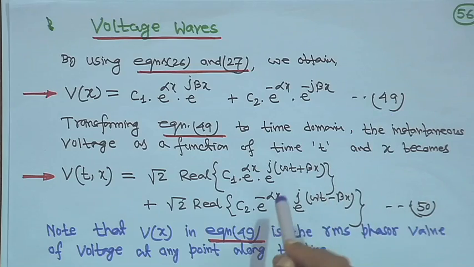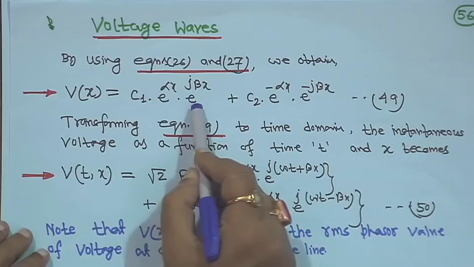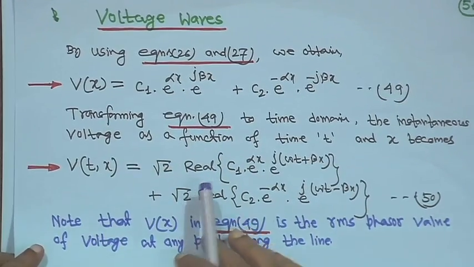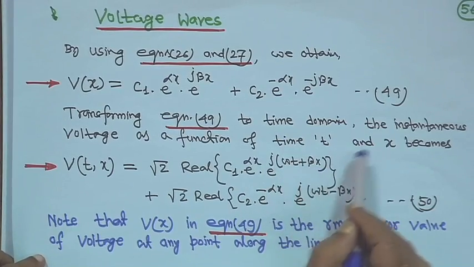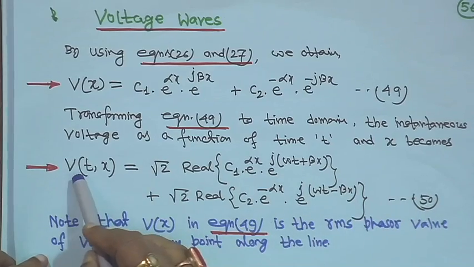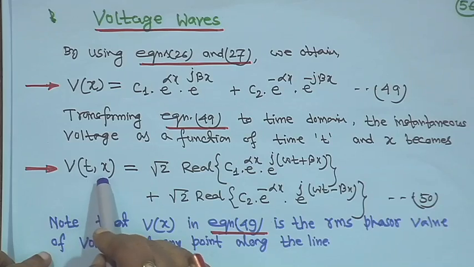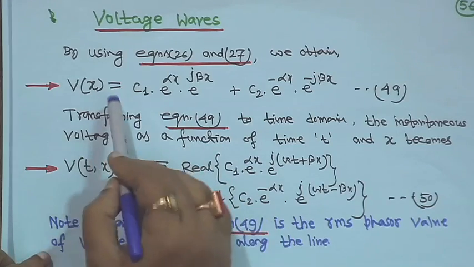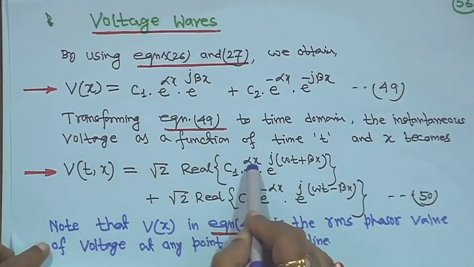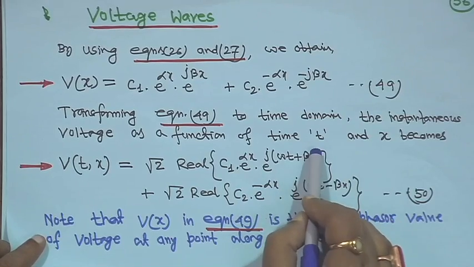This is equation 49. Now, this equation 49 you have to transform to the time domain, because this V x value is an RMS value. If you transform it to the time domain, the instantaneous voltage is a function of time t and distance x, so you can write V as a function of t comma x. As this is an RMS value, it will be root 2 into the real part of C 1 e to the power alpha x, then e to the power j omega t plus beta x, because we are considering the time domain.